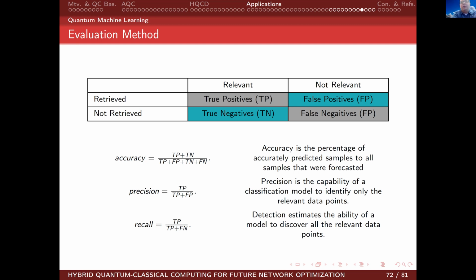In order to evaluate the trained model, based on this true and false, we design these three parameters. The first one is accuracy, which represents the percentage of how accurately we predict the samples out of all samples that were forecasted.